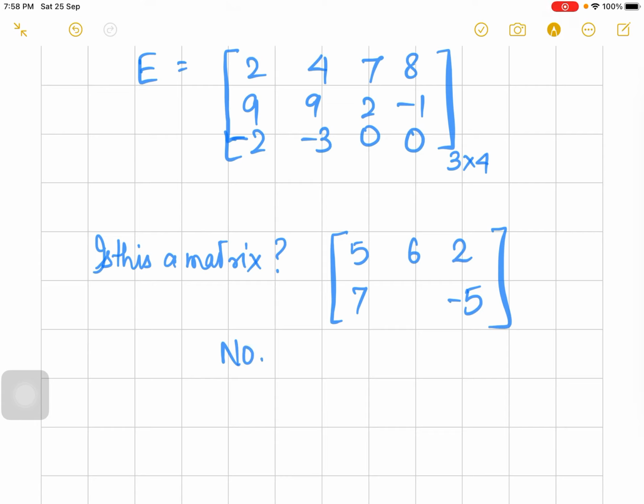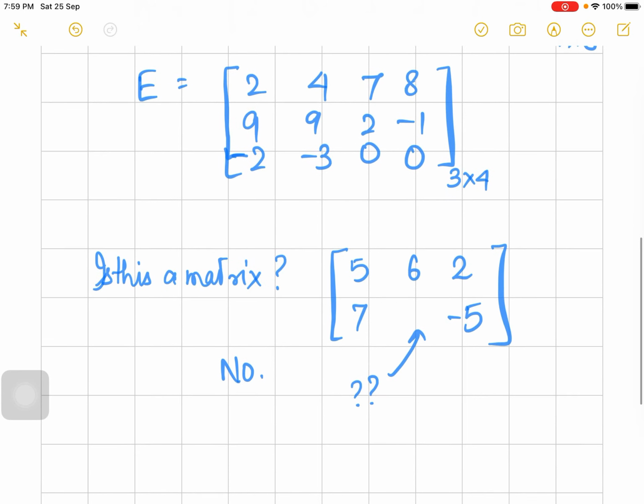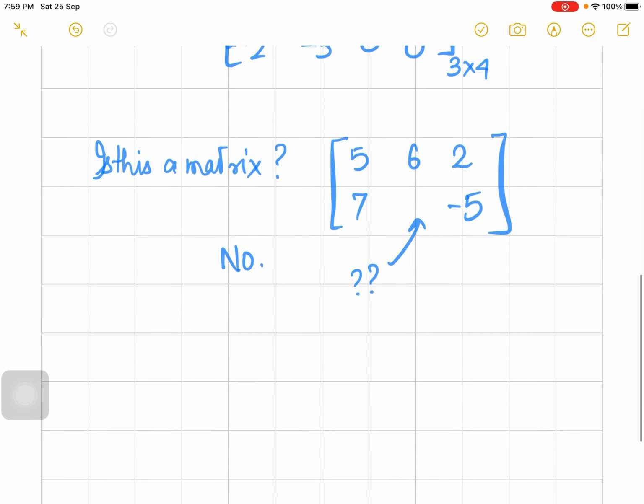Because there's nothing here, not even 0. And you are not at liberty of putting a 0 here, because 0 is a bona fide element of any matrix, which is not given. So this is not a matrix. To be called a matrix, all the rows and all the columns need to be filled with elements.